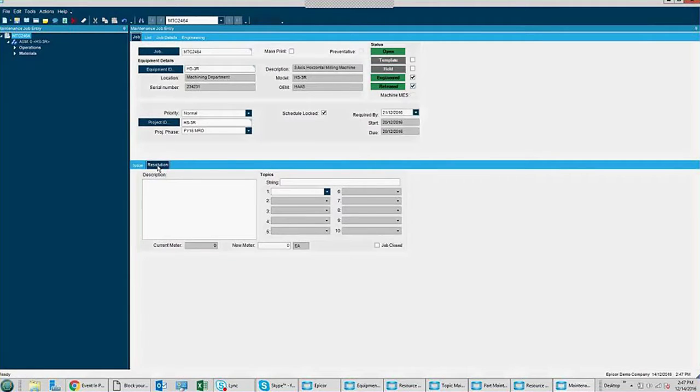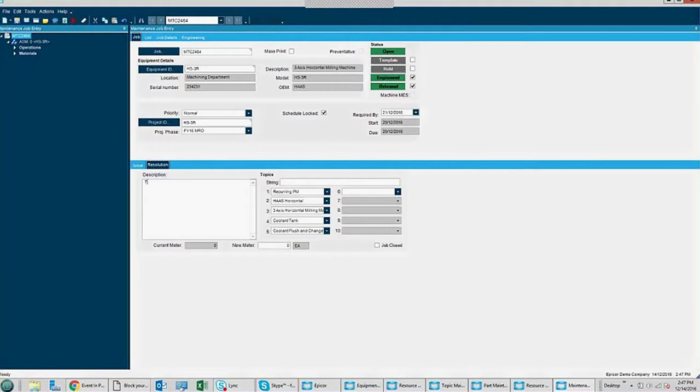If I wanted to record the resolution, because I've actually done the work, it's recurring against the HAS. It was the 3-axis CNC. Actually, I went to the cooling tank and I did a flush and coolant change.